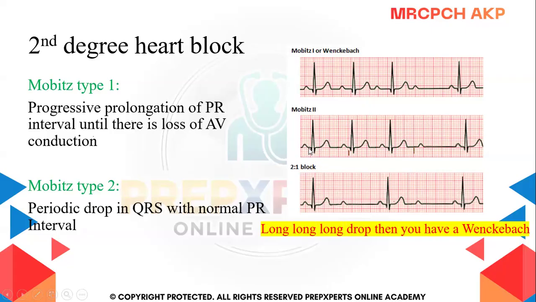So here you can see that it is short. The PR interval is obviously prolonged beyond 0.2 seconds, more than 200 milliseconds, but it is not a progressive prolongation, unlike type 1, and then there is a drop beat here. Okay. So here you can see again, the PR interval is prolonged.